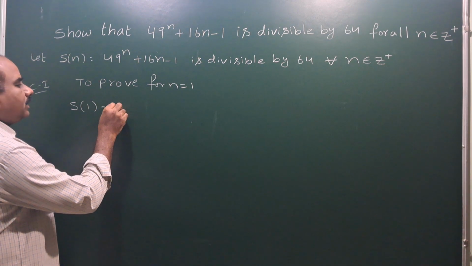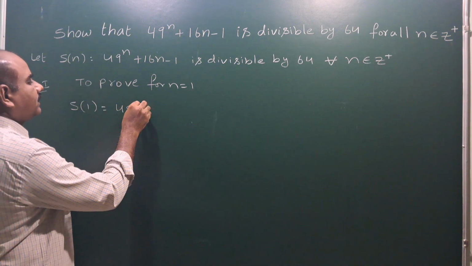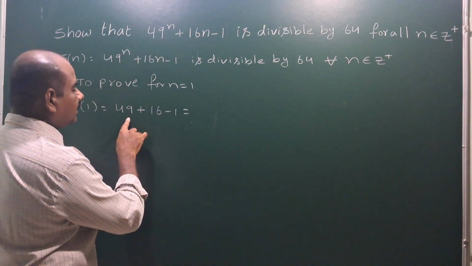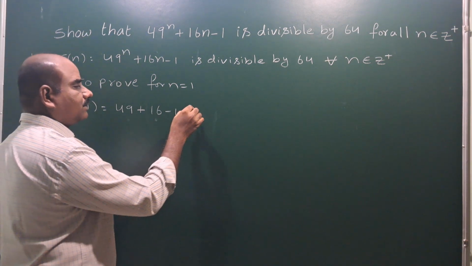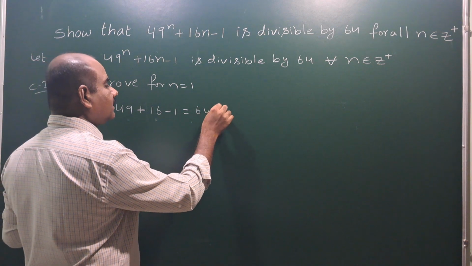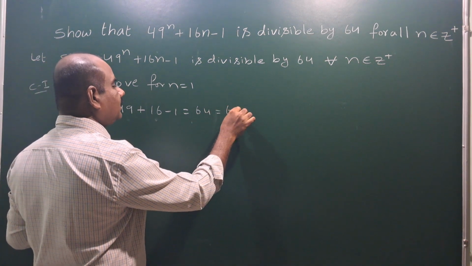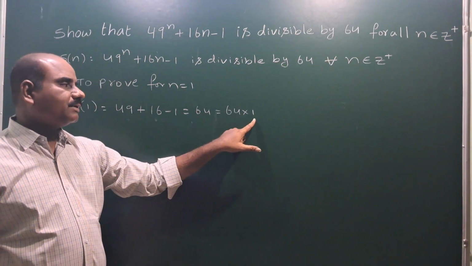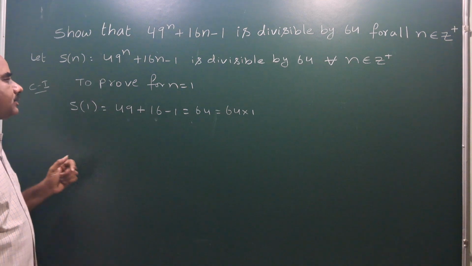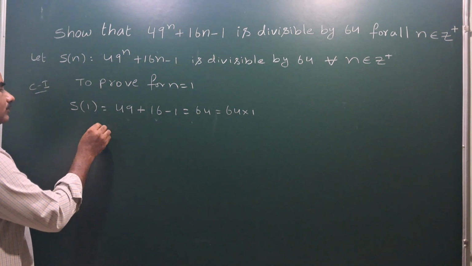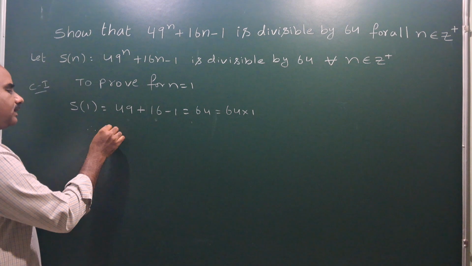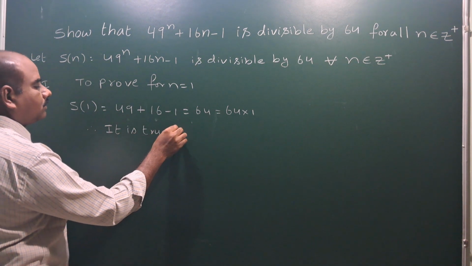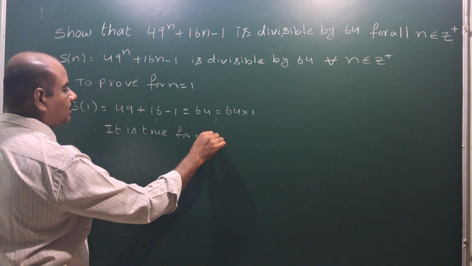So 49 power 1, that means 49 only. 16 into 1, that means 16 only, minus 1. 49 plus 16, 65 minus 1, 64. So we can write it as 64 into 1, that means 64 is divisible by 64 one time. Therefore it is true for n is equal to 1.